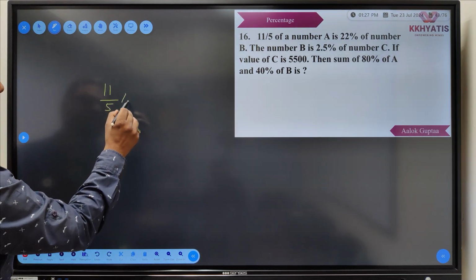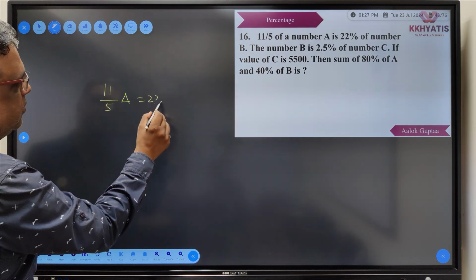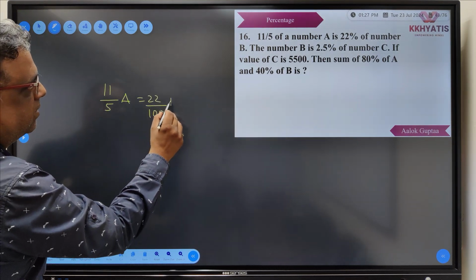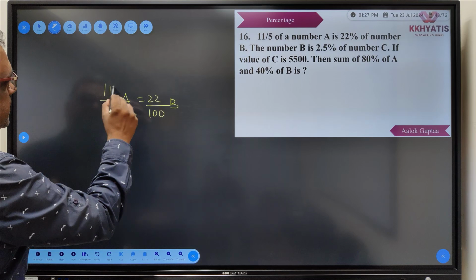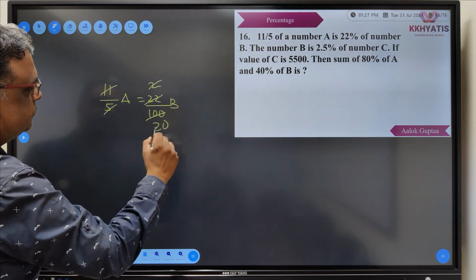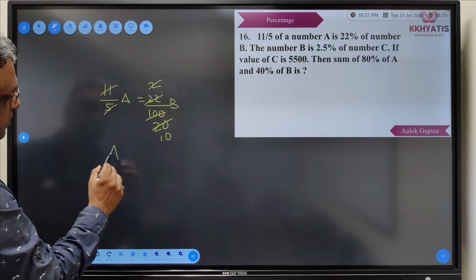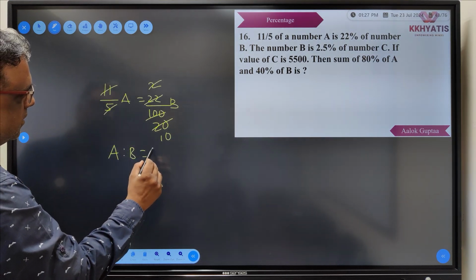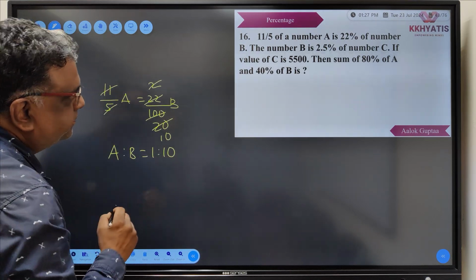11/5 of a number A is 22%, that is 22 by 100 of B, which means I can find the ratio of A to B here. So ratio of A is to B is 1:10 here, right?